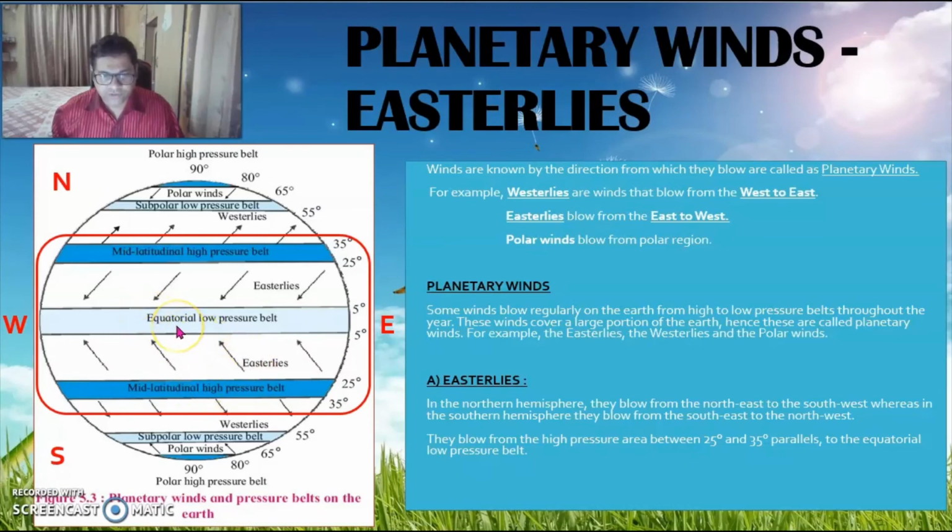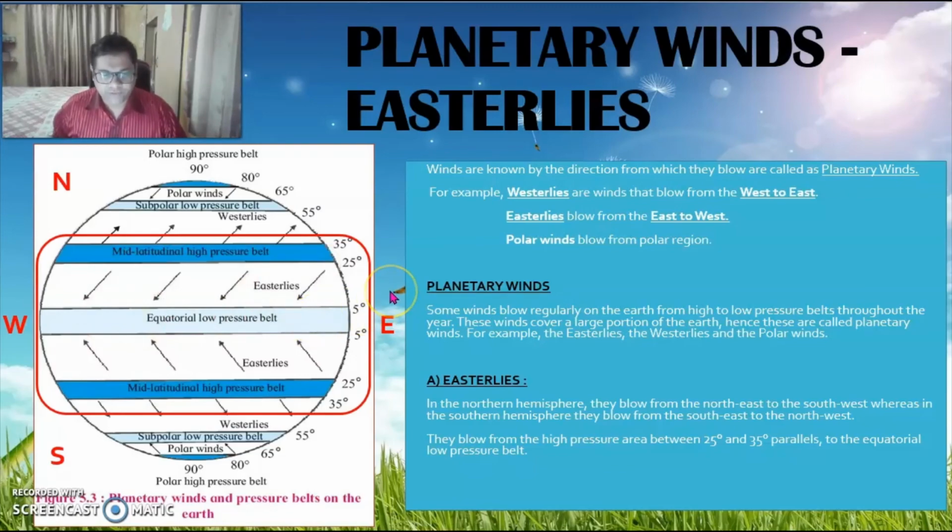They blow from the high pressure between the 25 degrees to 35 degrees parallel, moving from that high pressure to the equatorial low pressure belt.